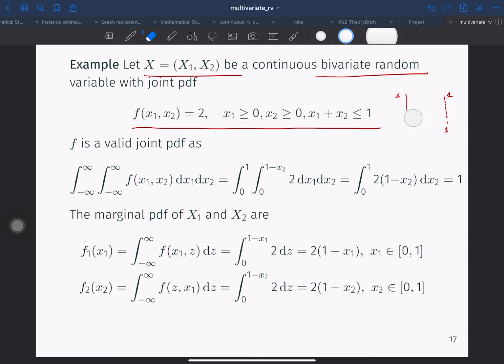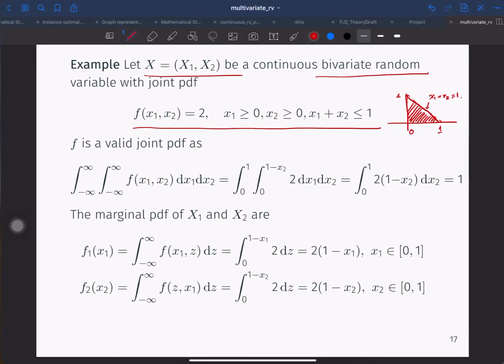It has to look like this. It is given by this triangle. So the joint PDF is defined on this triangle right here. This is the line x1 plus x2 equal to 1.